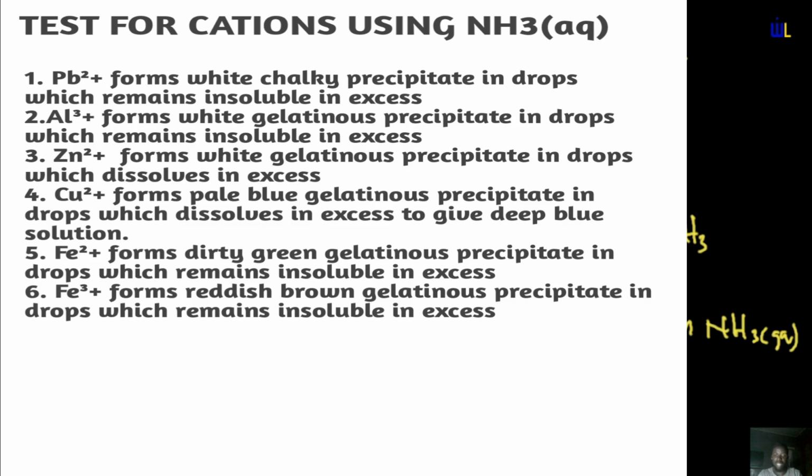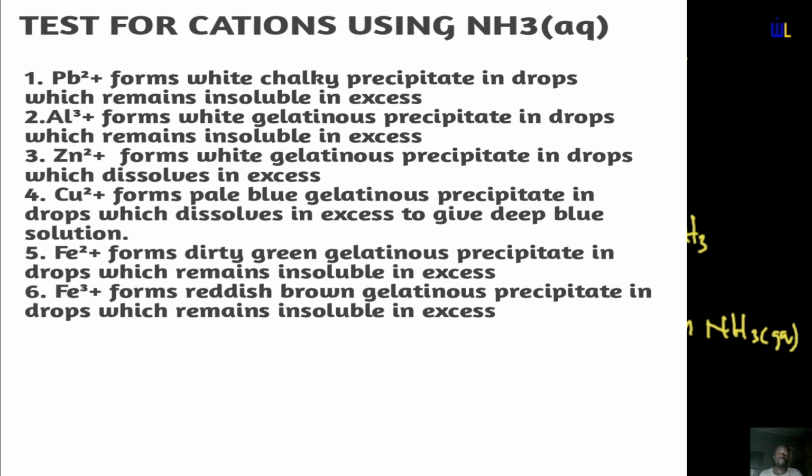In ammonia test, you are looking at the ability to form complexes. If it doesn't have that ability to form the amine complex, it cannot be dissolved in excess ammonia. Okay, so we'll move on to the next one. Zinc, on the other hand, has the ability to form the amine complex, so which means Zn2+, when it forms the white gelatinous precipitate, would dissolve in excess ammonia because it forms the zinc 2+ tetraamine complex.